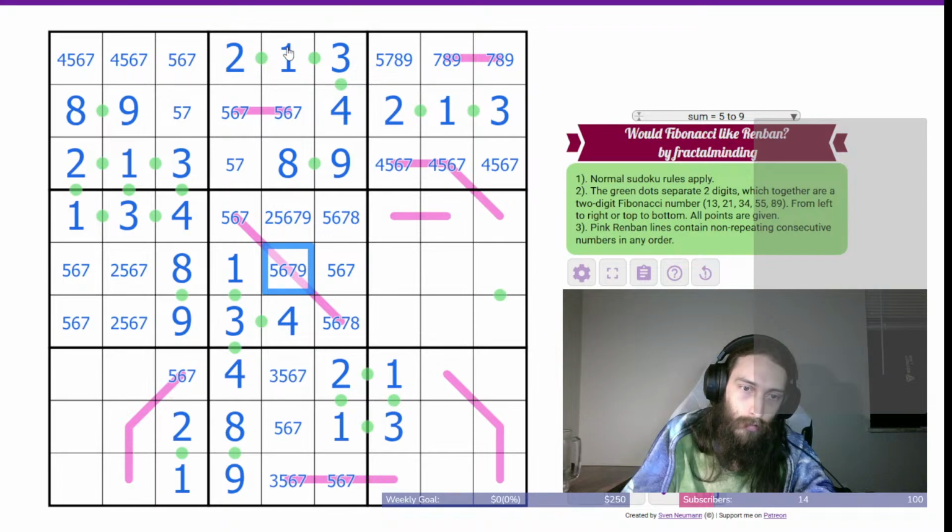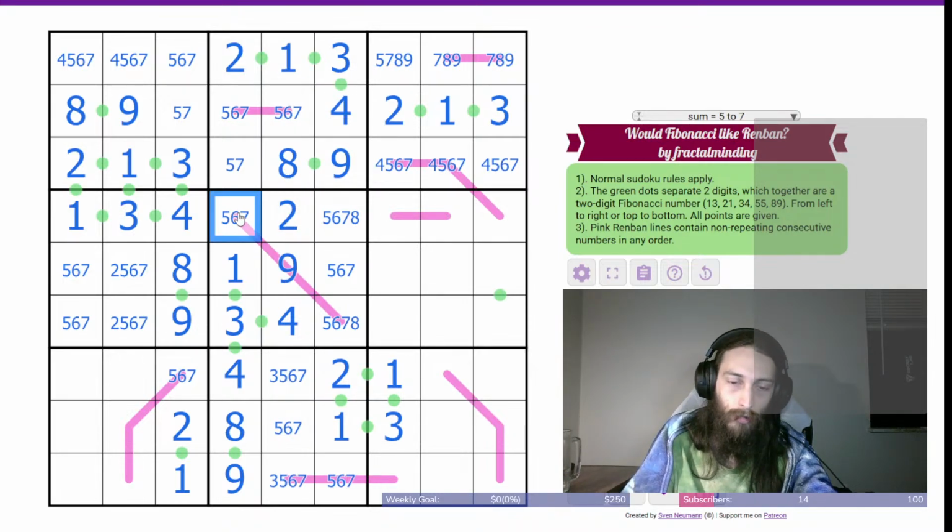And then, so where's 2? Not here, not there, and not there. So that's a 2. And then, where's 9? Well, not there, not 2 or 4, so that's a 9, a 7, and an 8.